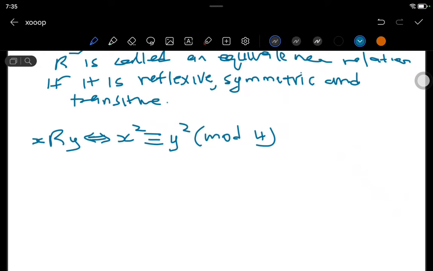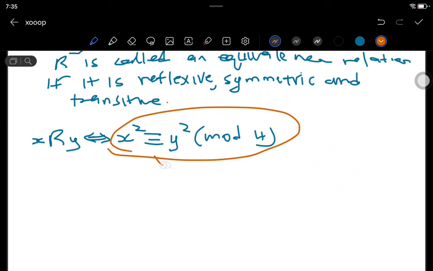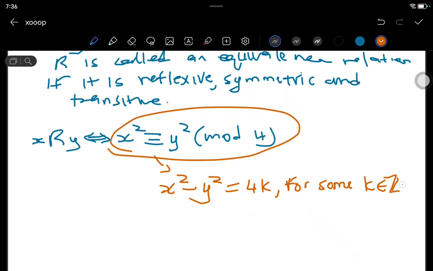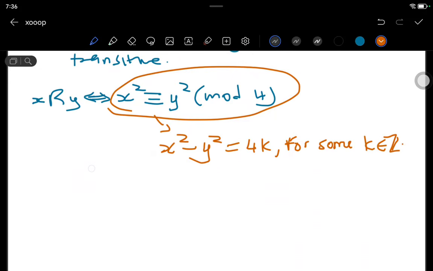In this case, what we need to know is that this is logically equivalent to x squared minus y squared being equal to 4k for some k an element of the integers.